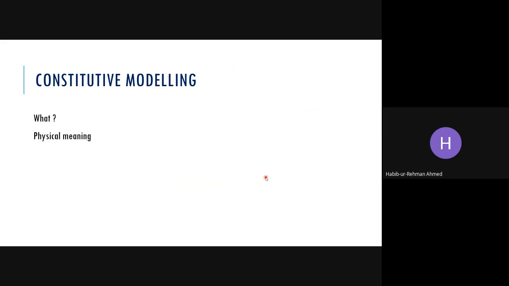Just to give you a little more vision of what it means in physical form, I have a couple of slides to give you more idea. Imagine this is a continuous body, and we apply forces on it.